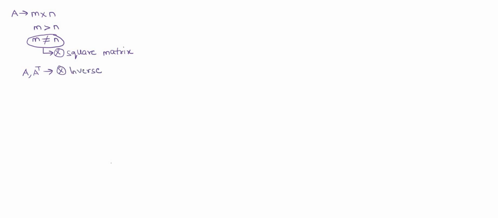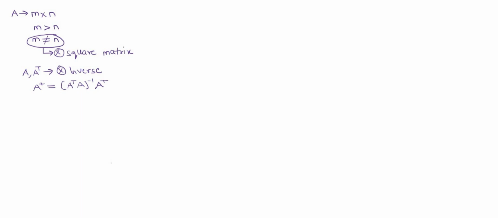Now it is also given that there is a matrix A plus, which is equal to A transpose into A whole inverse into A transpose. Now we cannot move this inverse inside the brackets. Why? Because we cannot calculate the inverse of A transpose and A individually.